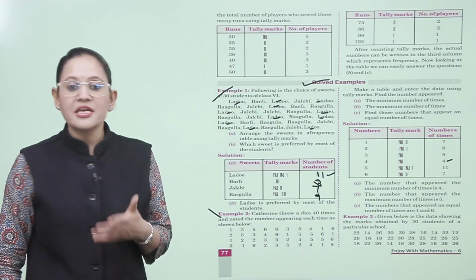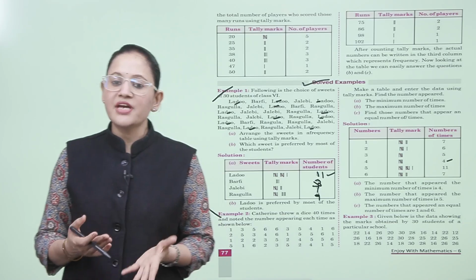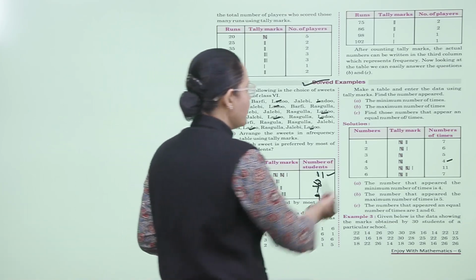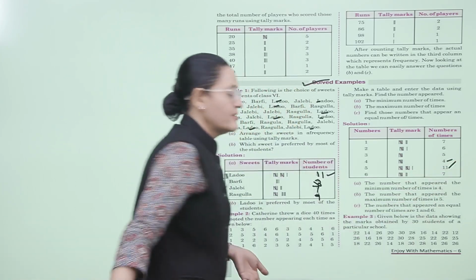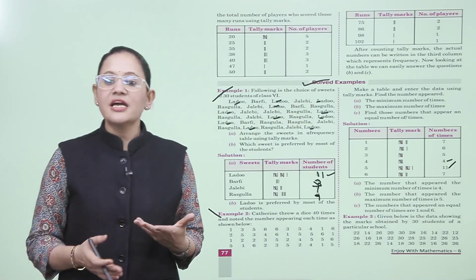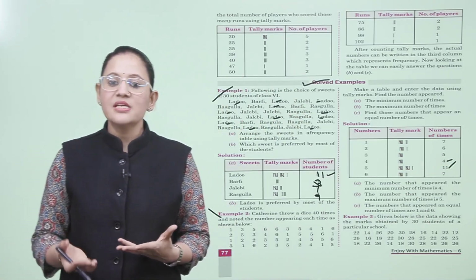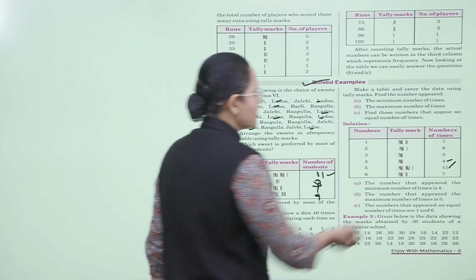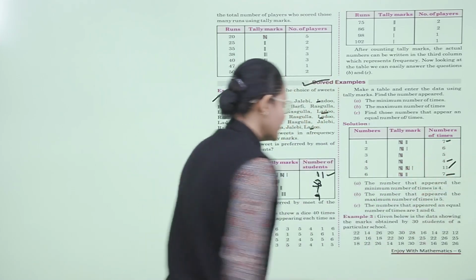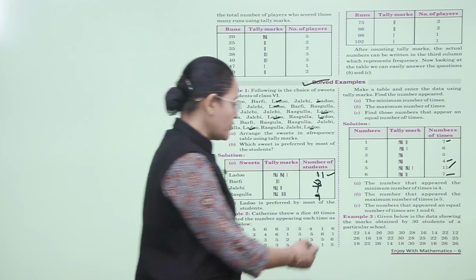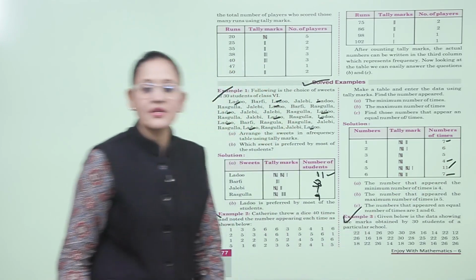Clear? The number that appears the maximum number of times is 5. The numbers that appear an equal number of times are 1 and 6. Both appeared 7 times.